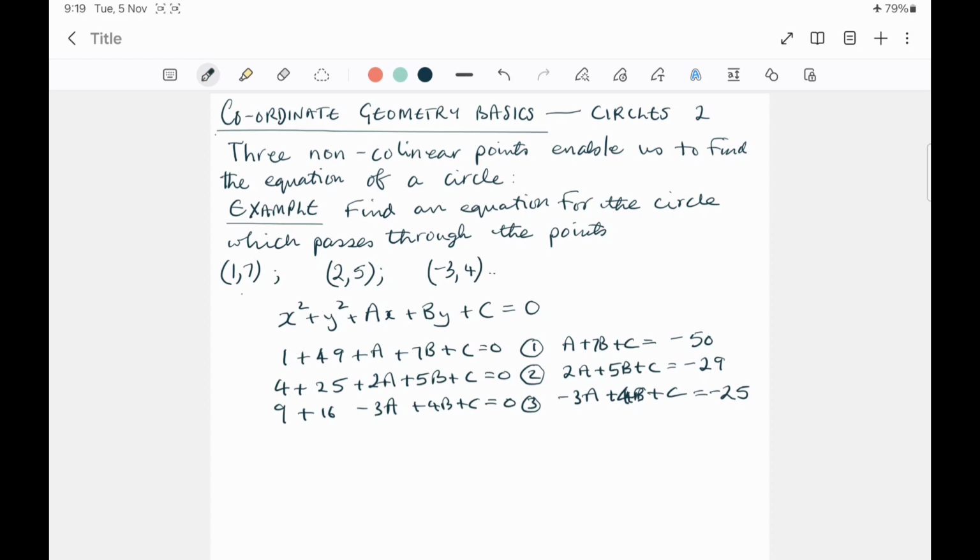Now that can be done using matrix methods, but as you may or may not have done those, we'll try and do that just using simple elimination, as we do when you just have two equations. So we'll try to eliminate one variable first, and let's see how we can do that.